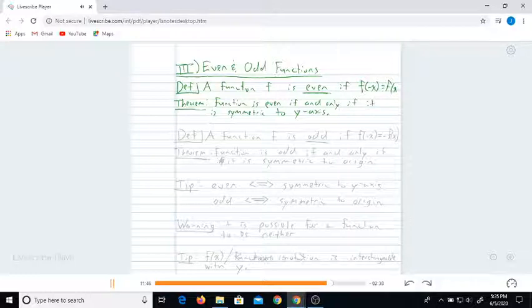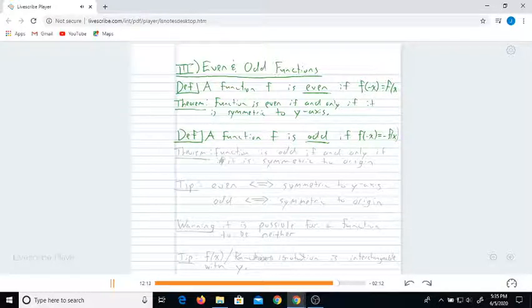And then we got odd functions. A function f is odd if f of negative x equals negative f of x. So a negative input is going to give you the negative of the output.